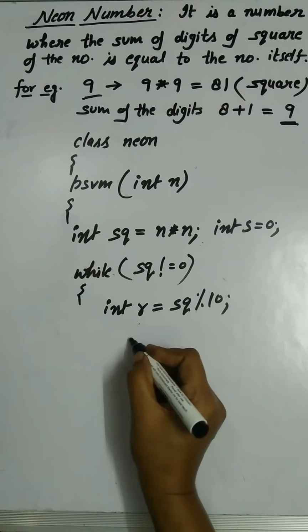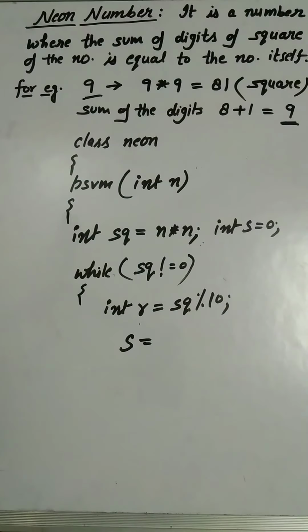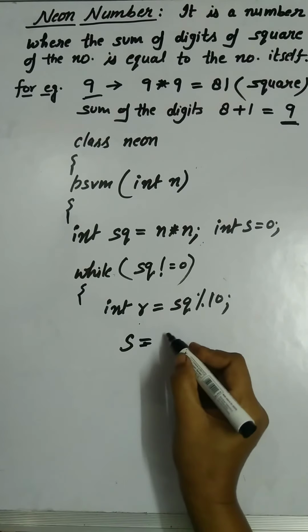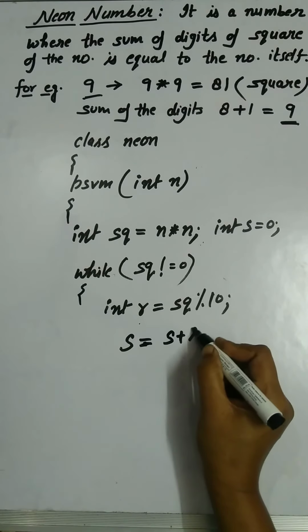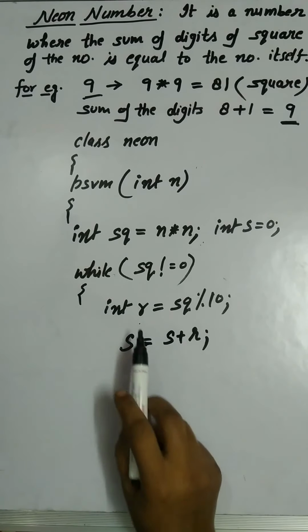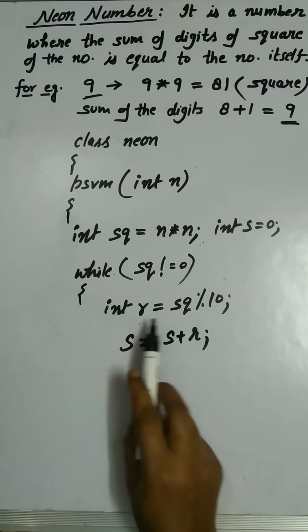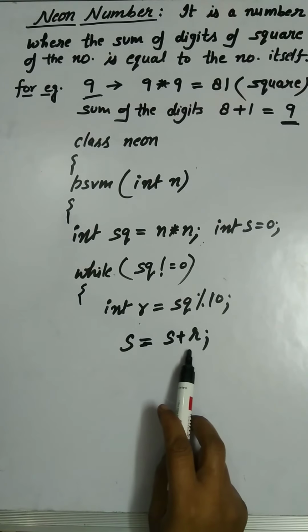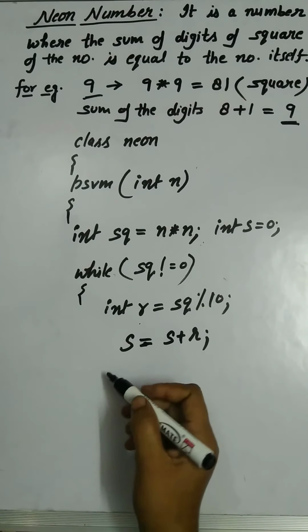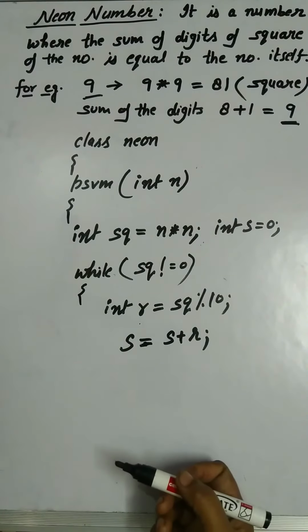Okay. After this, s is equal to s plus r. It means the remainder value which has been stored here will be summed with the s variable. After this, we need the updation statement.